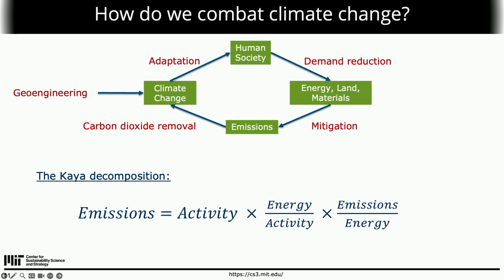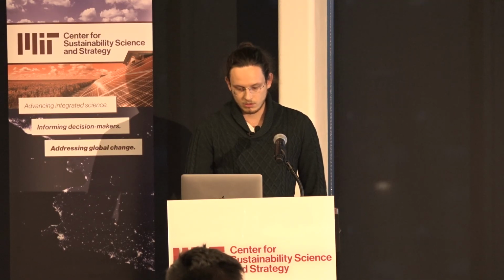But again, this is a very simplified way to decompose emissions. We could also include population, GDP, not only energy but land, materials, etc. But this is some way to describe the emissions problem. Okay, so I'll go to that after.